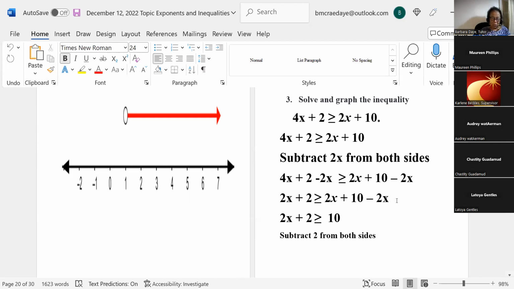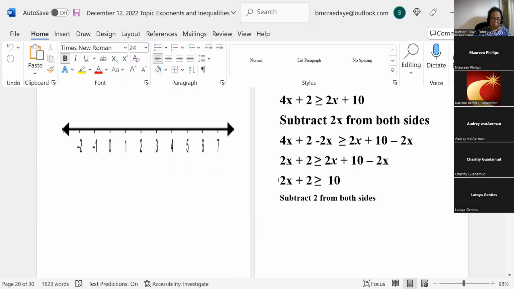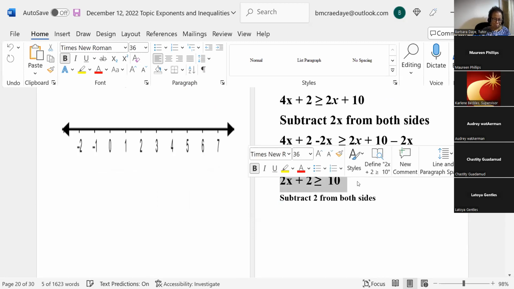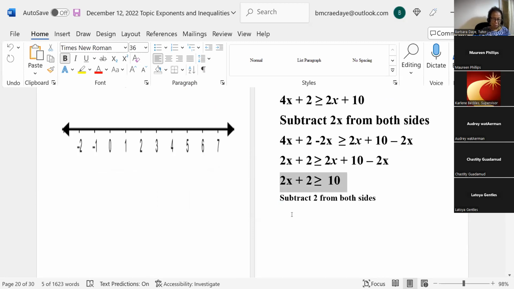Okay, so do that and tell me what you get. Subtract the 2 from both sides. Minus 2 on the left. And minus 2 on the right.